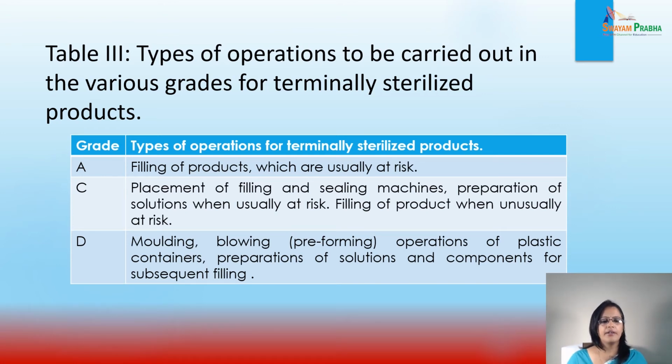Grade C: placement of filling and sealing machines, preparation of solutions when usually at risk. And grade D: molding, preforming, operations of plastic containers, preparation of solution components and subsequent filling.